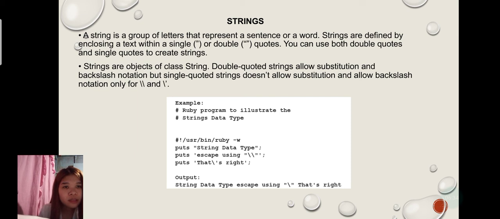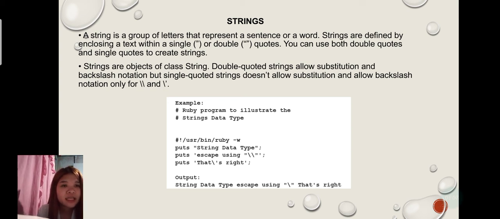So kung nakabantay mo, ang nabago ang backslash, diba, sa puts duha ka buok ang backslash. Pag output niya is isa na lang. That's because single quoted strings don't allow substitutions and allow backslash notations only for katong sa babaw lagi.